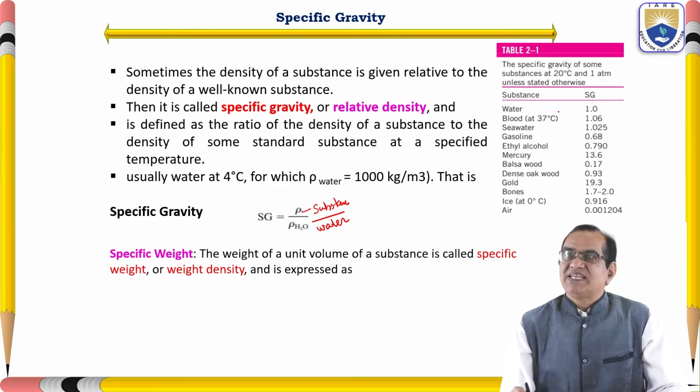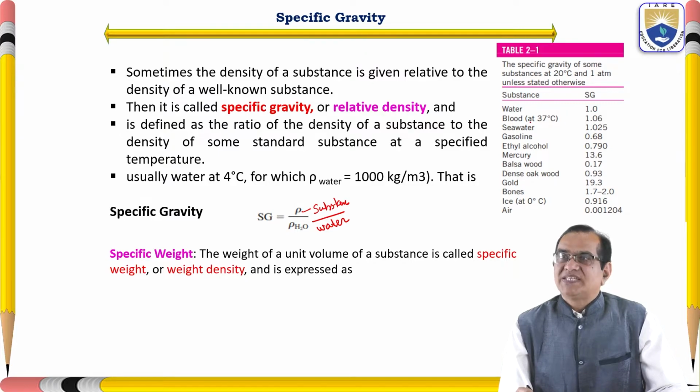For the substance water, specific gravity is 1, blood is 1.06, seawater is 1.026, gasoline is 0.68, ethyl alcohol is 0.790, mercury is 13.6, balsa wood is 0.17, dense oak wood is 0.93, gold is 19.3, bones 1.7 to 2.0, ice is 0.916.